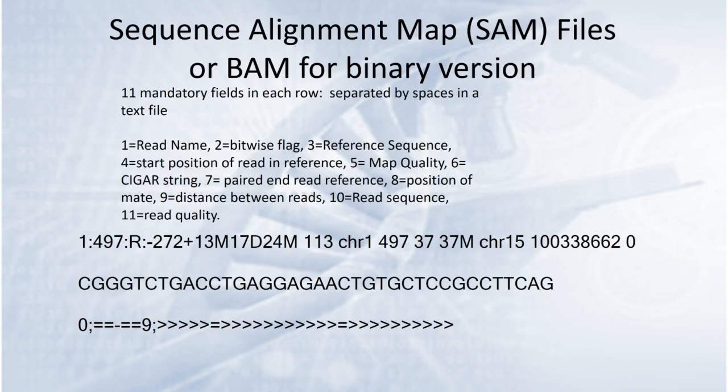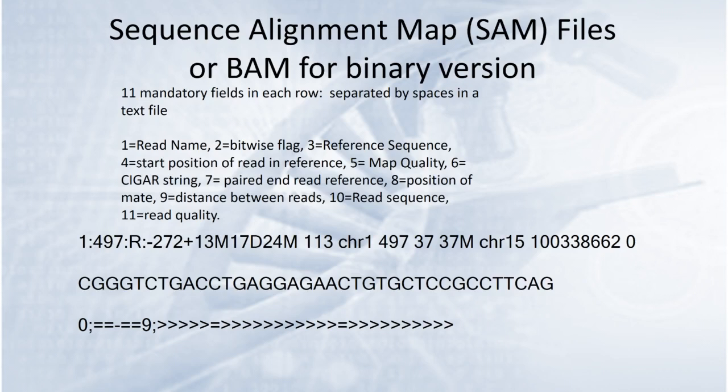And then there's what in this case is called a bitwise flag, which for the programs that use this is an important piece of information that you'll learn about if you need to. And then it talks about what's the reference that you're mapping to. So it's a sequence alignment map. Well, in this case, it's chromosome 1. Maybe this is chromosome 1 from a human. Maybe it's chromosome 1 from Drosophila. Maybe it's chromosome 1 from C. elegans. I don't know. We could probably check.